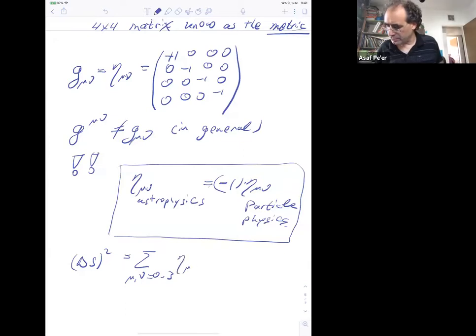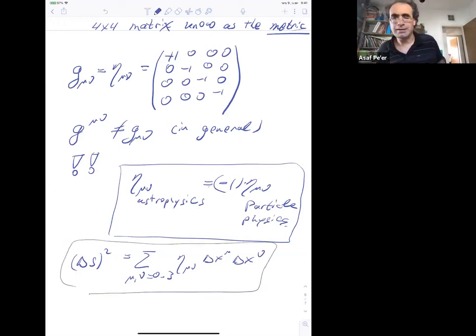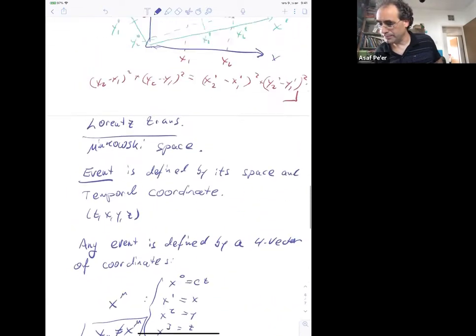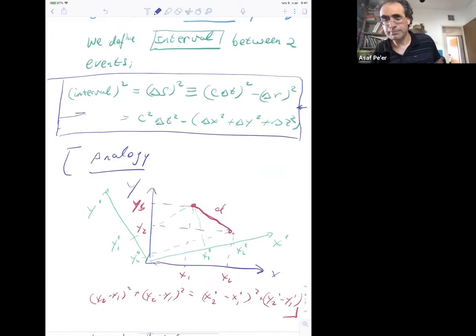And then eta mu nu, delta x mu, delta x nu. What is written here is exactly the same as what is written here. Do you see that? Good.